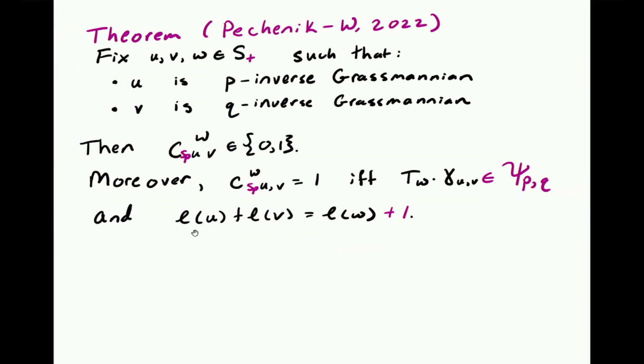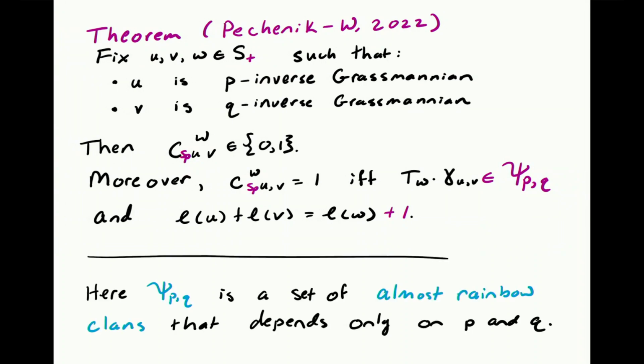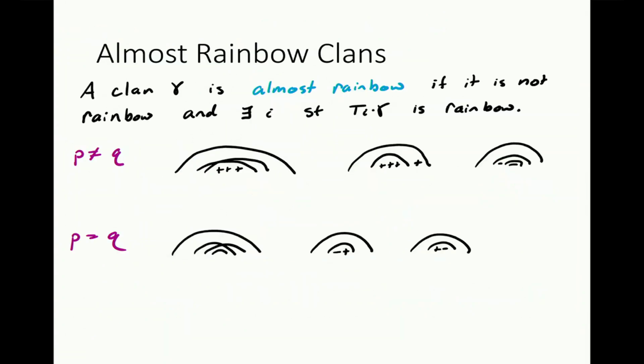There's also this codimension condition here in terms of these Coxeter lengths that must be satisfied. Okay, so this set is a set of almost rainbow clans, and the set doesn't depend on U and V at all. It depends just on p and q. Okay, so a clan is almost rainbow if it's not rainbow, but you just apply one T_i and you reach rainbow. That's all that means.